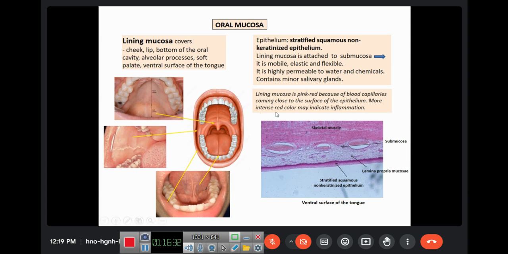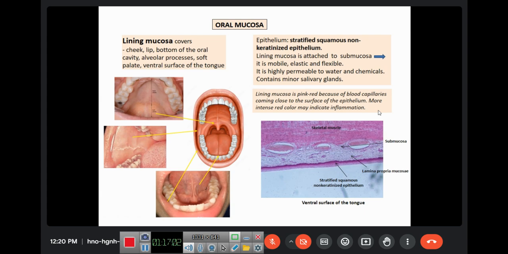More intense red color may indicate inflammation, because more red means more blood in blood capillaries. It is the result of the action of the cells involved in inflammation processes such as basophils and mast cells, which release serotonin and other substances which increase permeability of blood capillaries and increase their diameter.